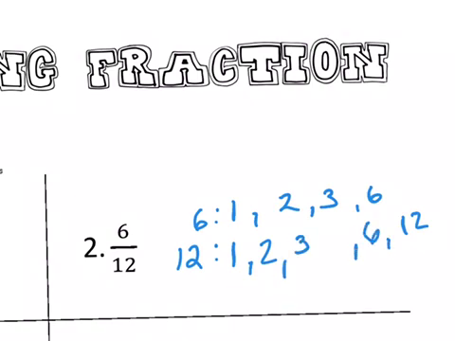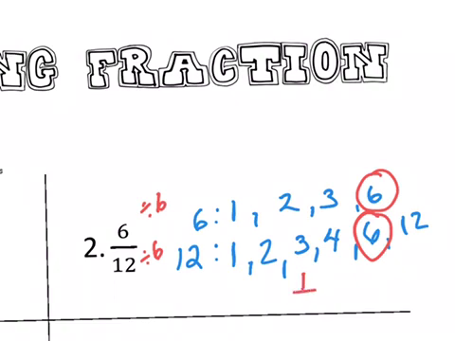And we have 3. 3 will go into 12 4 times. So our greatest common multiple is 6. So divide the top by 6 and the bottom by 6. 6 divided by 6 is 1. And 12 divided by 6 is 2.